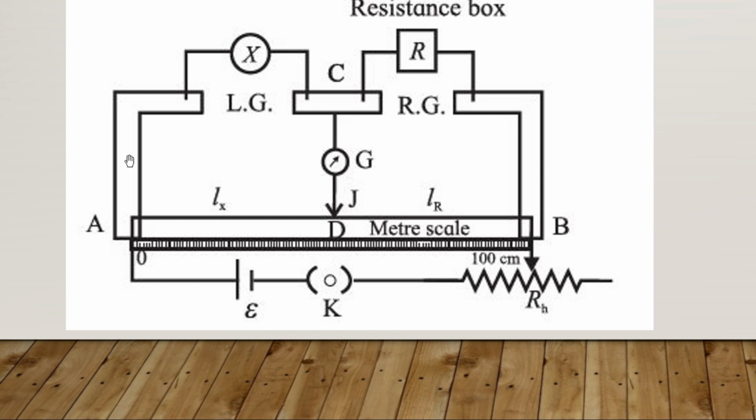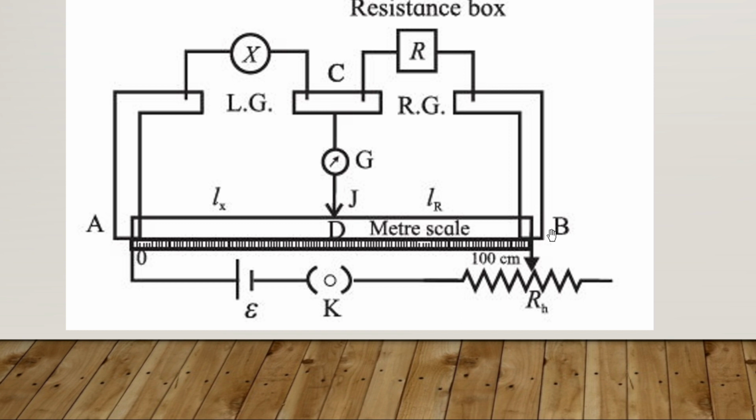This is the first L-shaped strip and this is the second L-shaped strip. Between these two there is one more metal strip, forming two gaps, the left gap and the right gap. So we get 3 points A, C and B.